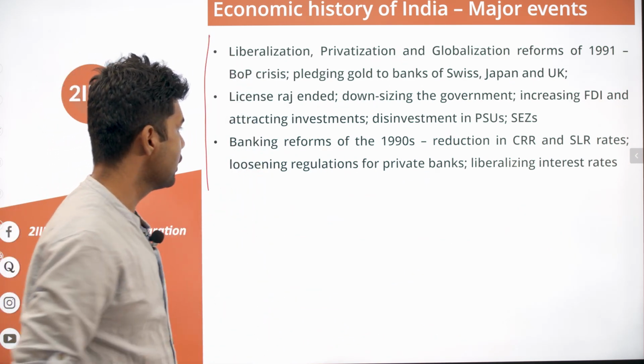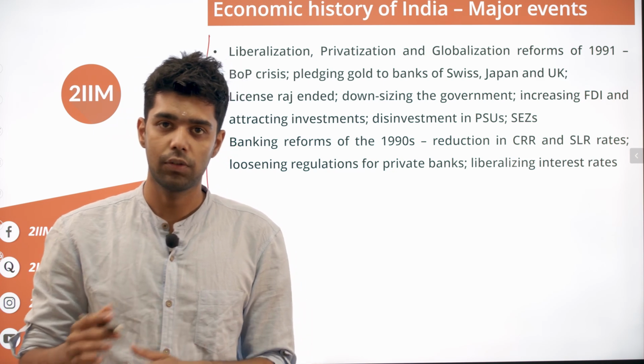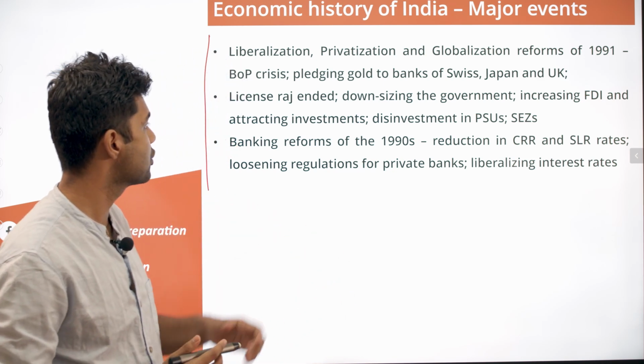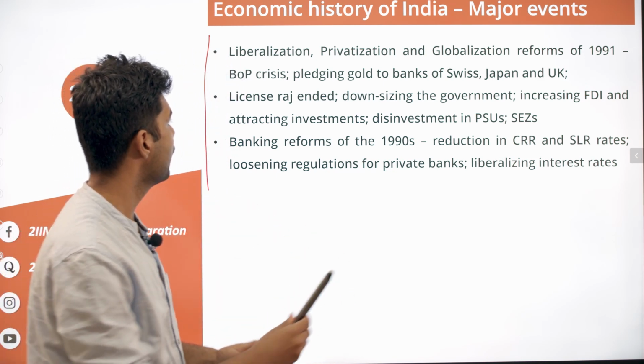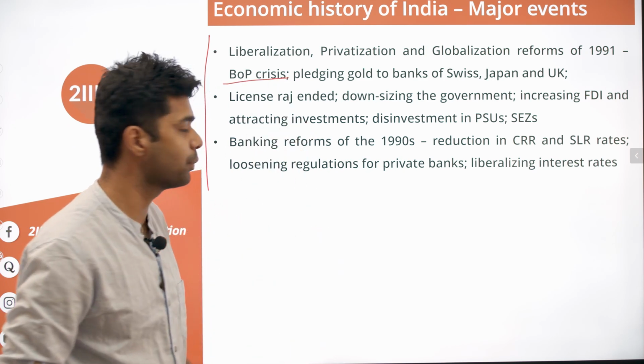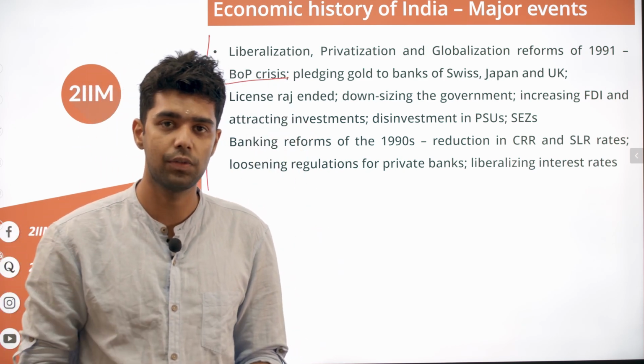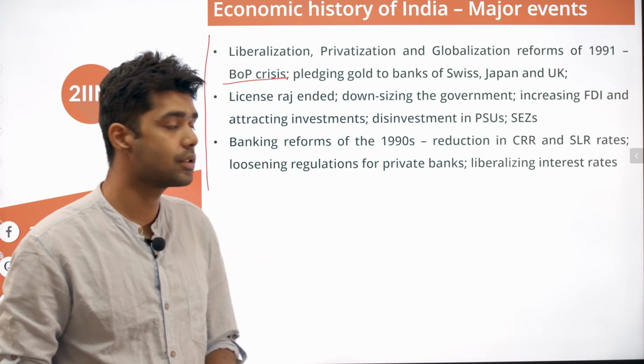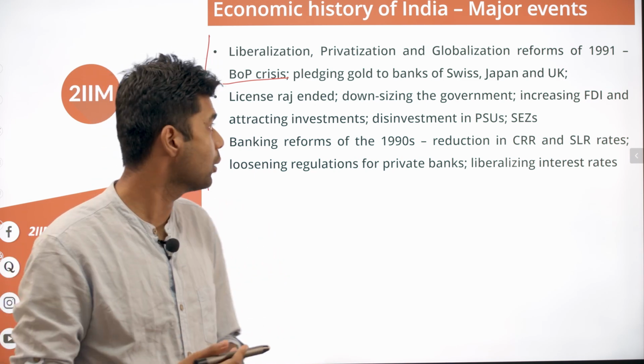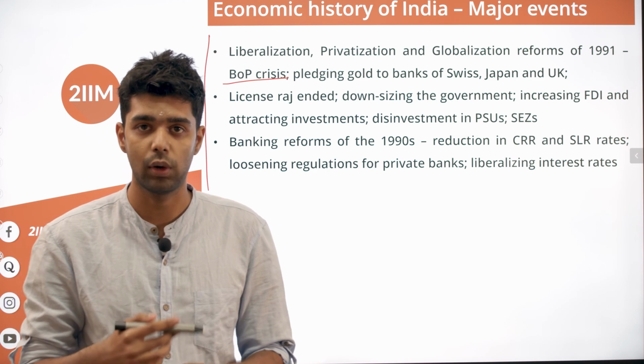So in the 1990s, this entire LPG reforms happened. LPG stands for liberalization, privatization, and globalization. So we had this major crisis of balance of payment. Especially, this was a major feature of the Indian economy. That is, India was always spending more and importing more than exporting.